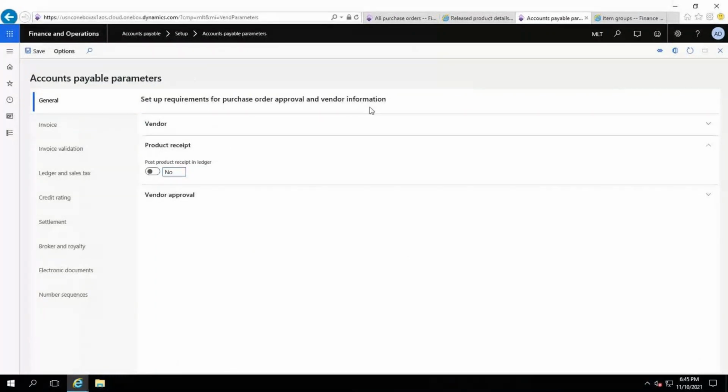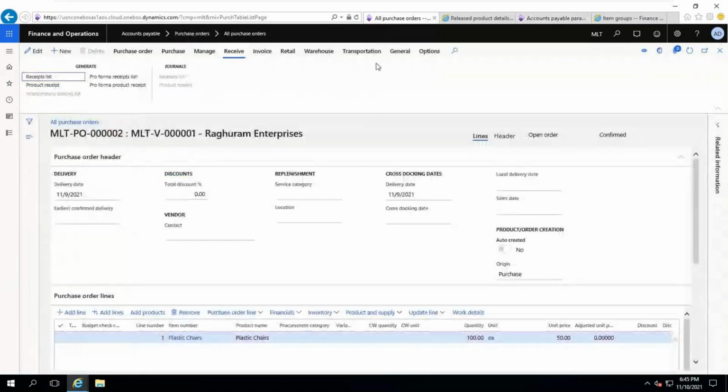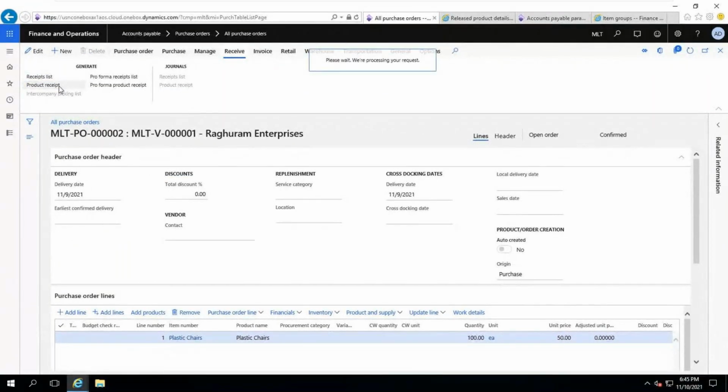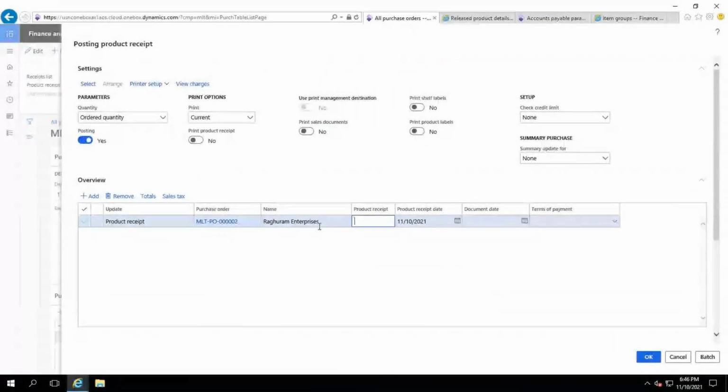Now I have not selected it. I am proceeding to do the product receipt because I have not enabled the checkbox, so the system will not validate whether the ledger accounts exist or not. Not required. Click OK.